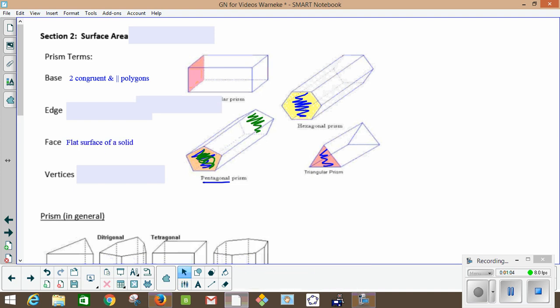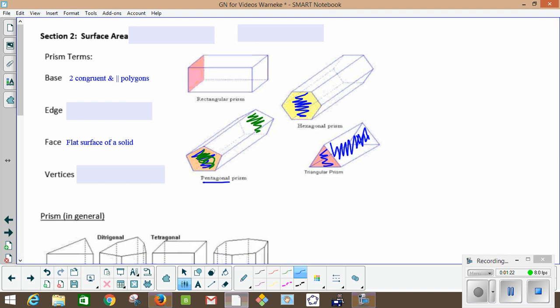We're going to start with face, and that's a flat surface of a solid. A flat surface of a solid is anything flat, obviously. So if we look at, there's many, depending upon the shape, but here this whole flat surface here is considered a face, as well as many other faces.